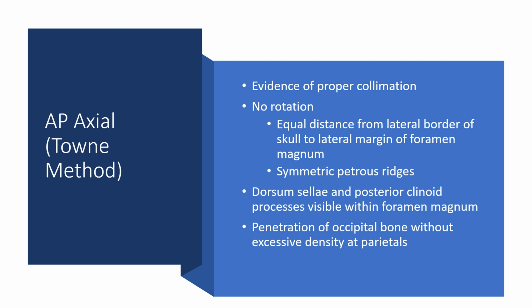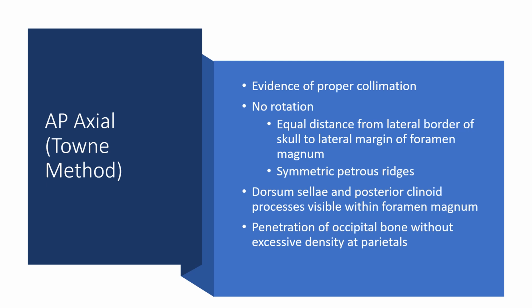In other words, the foramen magnum should be centered to the skull. If the foramen magnum deviates and is closer to one side of the skull than the other, well, the foramen magnum is definitely on the mid-sagittal plane, so that would indicate obliquity, or the patient's head is rotated one side or the other.